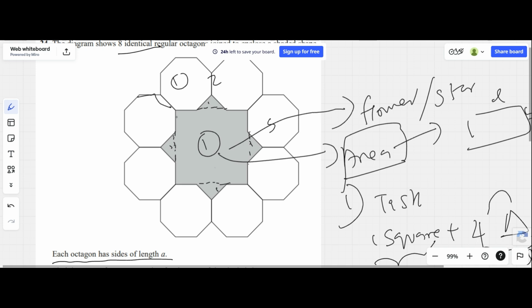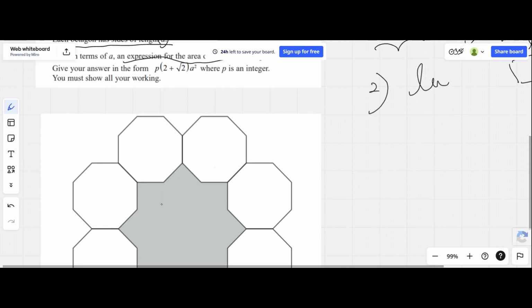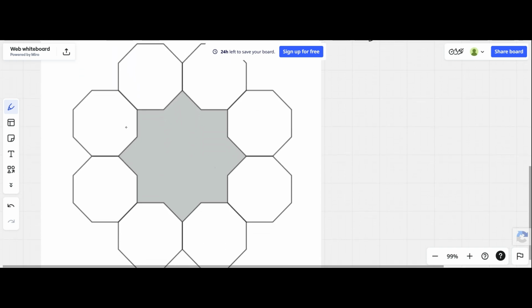So this is A, this is A, this is A, this is A, this is A. All the sides of this octagon have a length of A. So this side is A. This is an angle, and this is also an angle. Basically this angle and this angle are both the same interior angle.